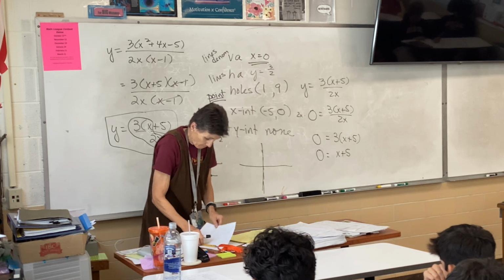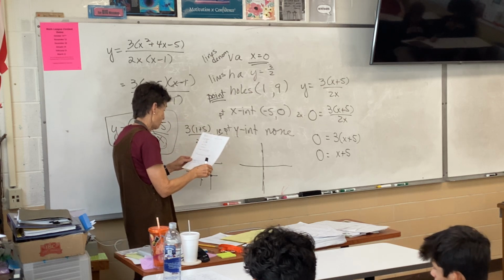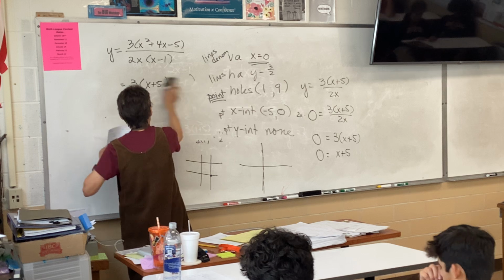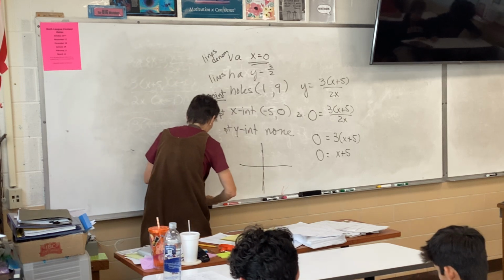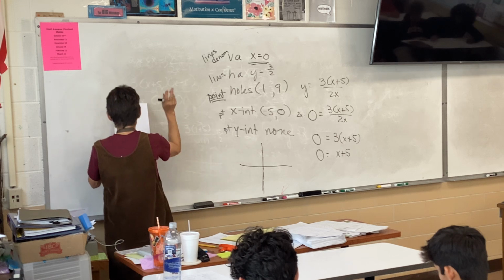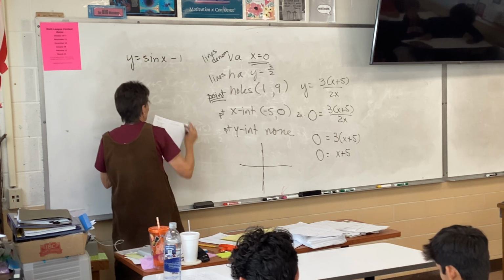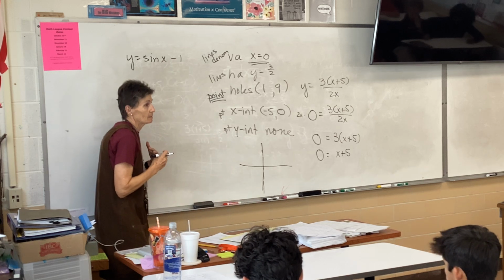Yep, okay. Sketch, state domain, tell if we're bounded above, below, or both. This sounds complicated. So let's start with the sketch. Y equals sine x minus 1. This is a no calculator exercise.